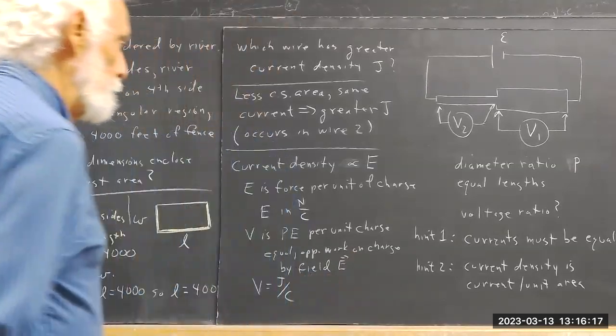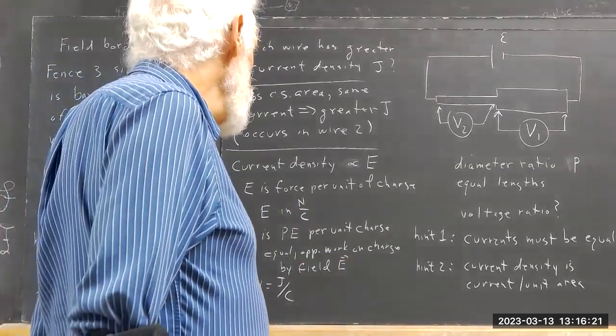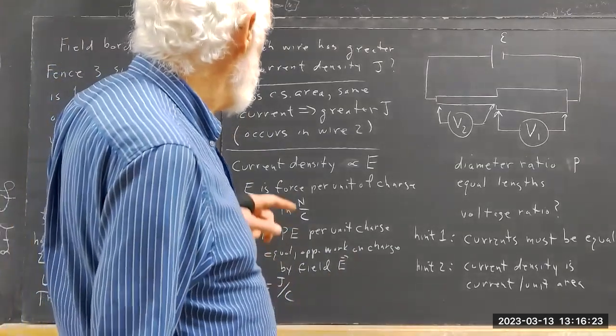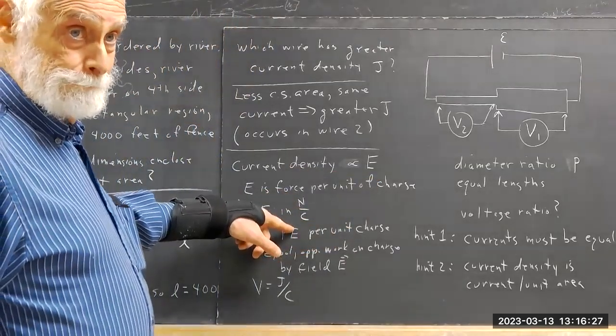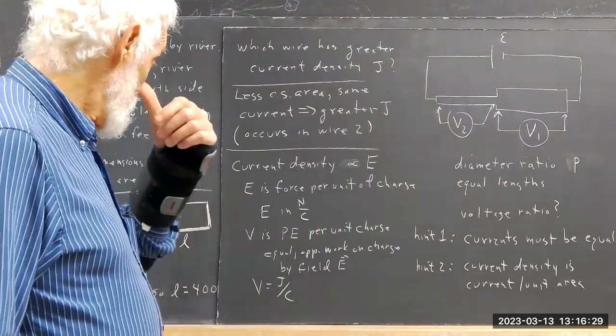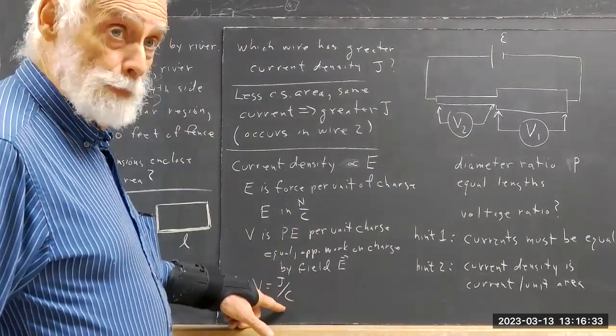Then joules per coulomb. Okay. So current density is proportional to the number of newtons per coulomb. V is your number of joules per coulomb.